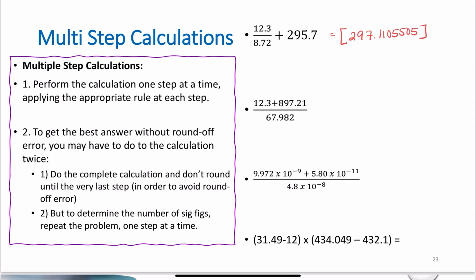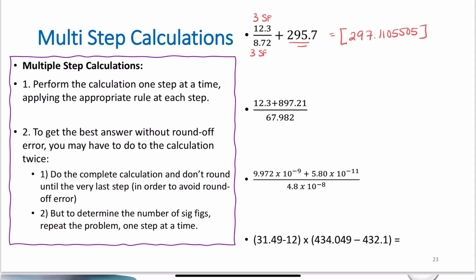We are following order of operations here, so when I have 12.3 divided by 8.72, and then plus 295.7, that means I'm doing the division first. 12.3 divided by 8.72: this has 3 sig figs, and this has 3 sig figs.